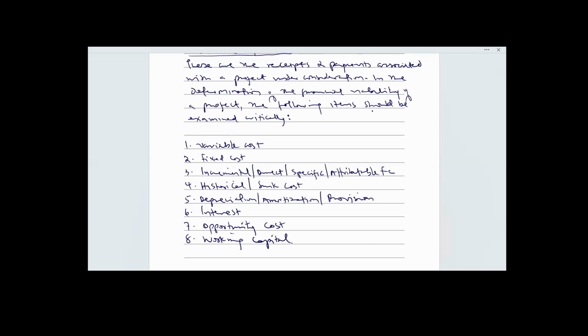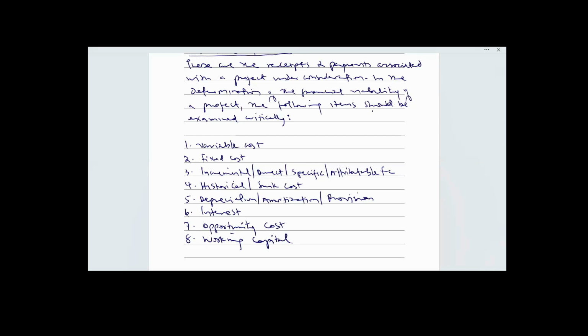Now, if in a question you are given incremental fixed cost or direct fixed cost or specific fixed cost or attributable fixed cost, they are all relevant. The examiner can tell you that this fixed cost is specific to this project, or directly related to this project, or attributable to this project. Once you are given such a situation, you should know that that fixed cost is relevant. You have to account for it.